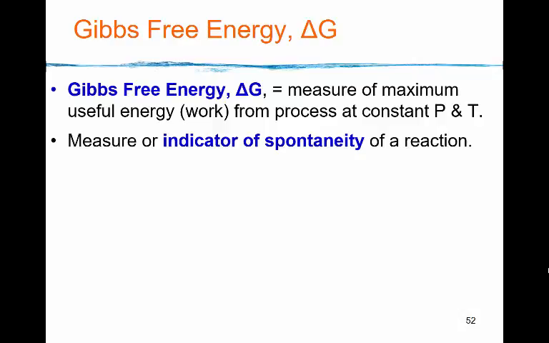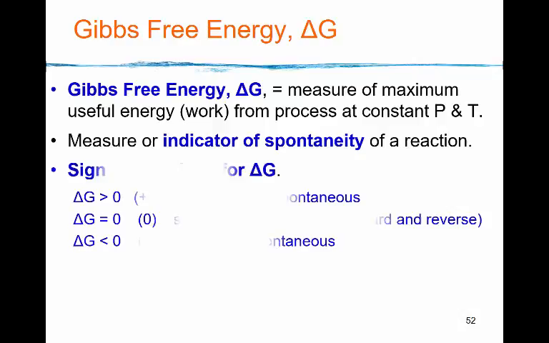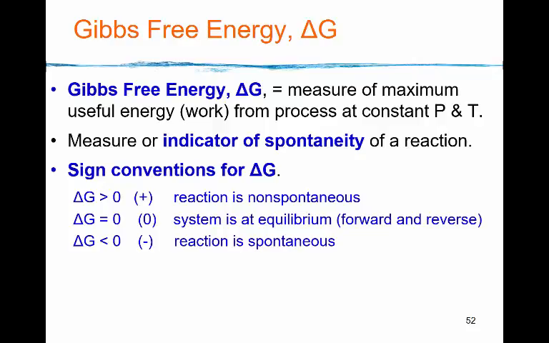The Gibbs overall is going to tell us it is, it isn't, or it's at equilibrium. That is, it's going to kind of go back and forth. So the sign conventions for the delta G: if delta G is greater than 0, that is, it's a positive number, it's non-spontaneous. So positive is non-spontaneous.